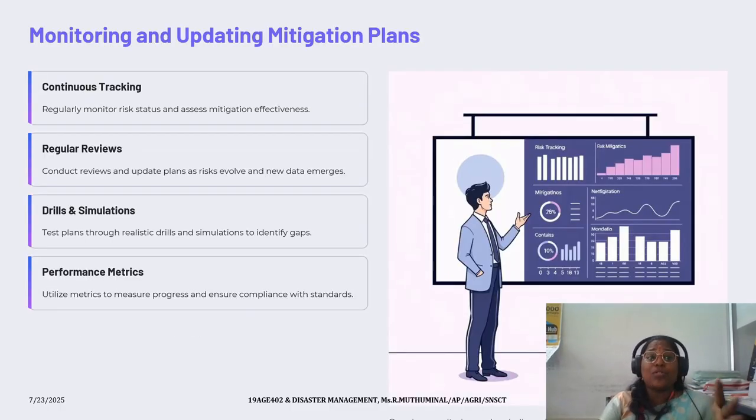Here, as we do so, it will also help us to monitor and update the mitigation plans. By continuous tracking, we can monitor the risk status and assess the mitigation effectiveness. It will also help us to conduct reviews and update the plans as risks evolve and new data emerges.